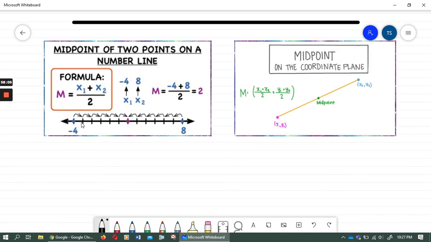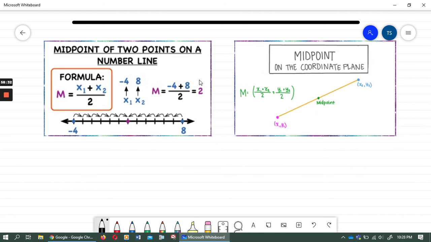So you would take that value of -4 and add it to 8. You would need to do that first, at the top of the fraction. Simplify that first. -4 plus 8 gives you +4. Simplify the top of the fraction first, and then divide that number by 2.